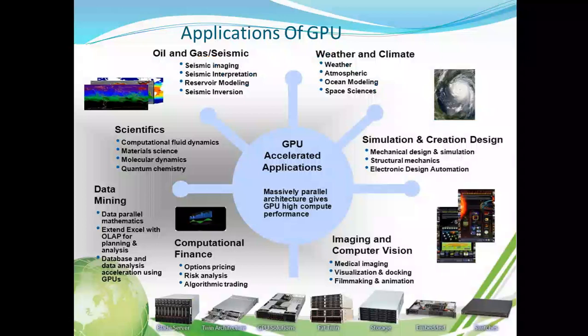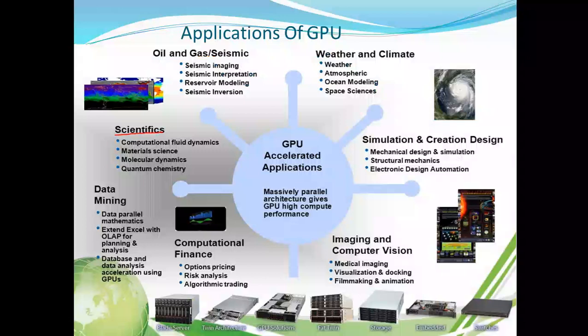Now, looking at the applications of GPU. GPU has applications in many areas. The first one is scientific computing: computational fluid dynamics, material science, molecular dynamics, and quantum chemistry. The second one is oil and gas: seismic imaging, seismic interpretation, reservoir modeling, seismic inversions, weather and climate, atmospheric and ocean modeling, and space science.